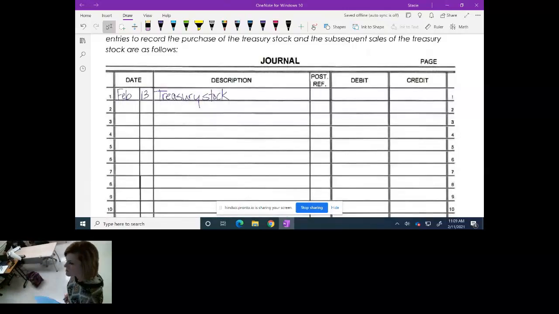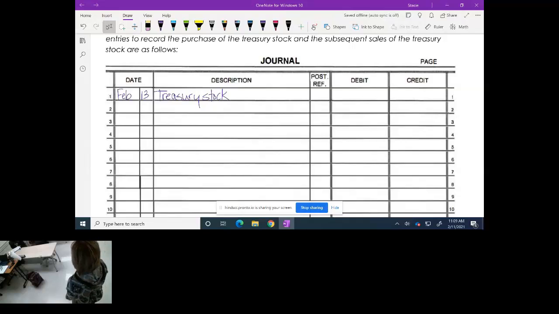Okay, so on February 13th, we're going to debit Treasury stock, and Treasury stock has a debit balance. It looks funny on the balance sheet because you've got everything else that's just a regular balance, and then you have some brackets around it. It's kind of like accumulated depreciation, it looks funny.